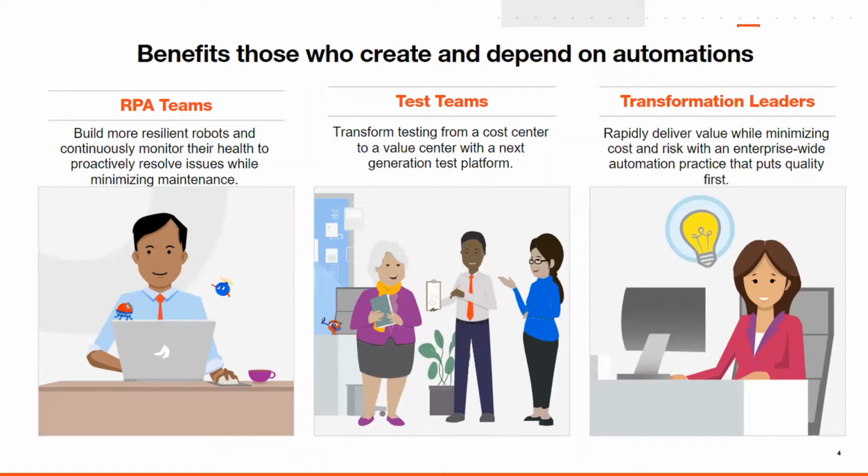So UiPath allows the RPA teams to create processes. These processes would be more resilient, and we can continuously monitor the health of these processes through Orchestrator. Using the latest selectors or anchor-based selectors and fuzzy selectors in UiPath allows us to create automations which are more robust and also capable of handling minor changes automatically without manually fixing the selector.